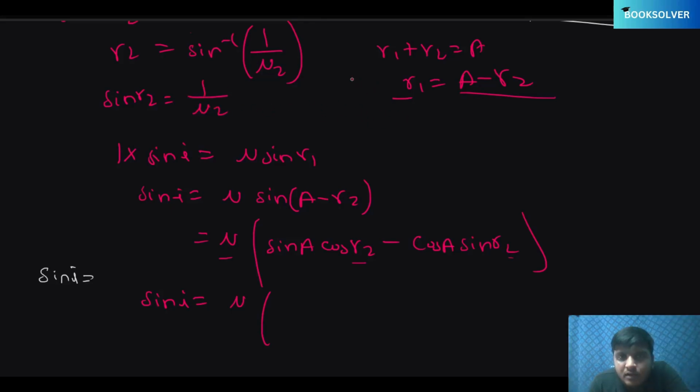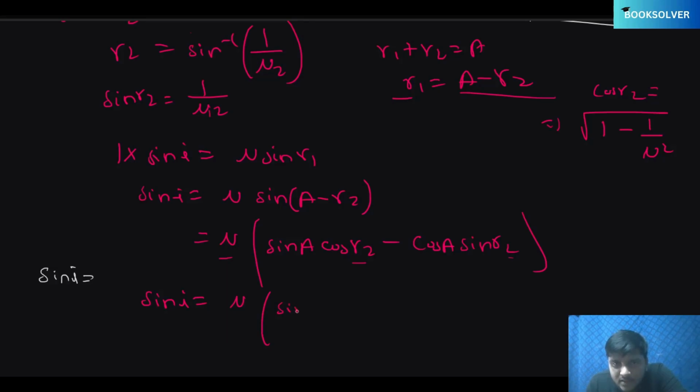And what will be cos of R2? Like we have to replace both of them. So what will be cos of R2? It is nothing but root under 1 minus 1 by mu square. Okay. So I can write like this. This is equal to cos of R2.